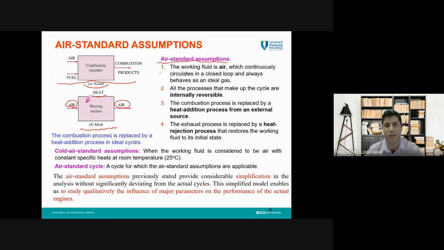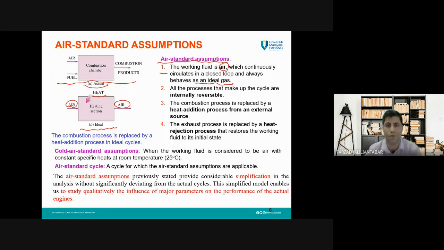First of all, the working fluid is air. As I said, it is important. It enables us to use some equations and some tables to find enthalpy and entropy for different states in the cycle. So the working fluid is air, which continuously circulates in a closed loop and always behaves as an ideal gas.